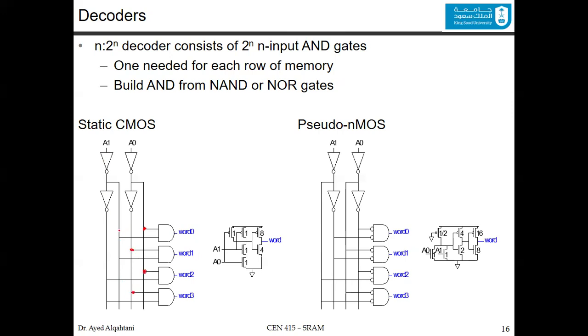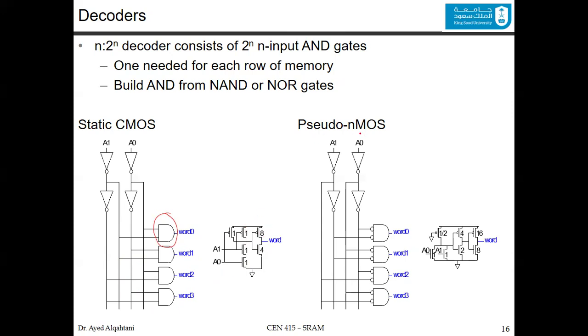And for A1, 2 times inverted, 2 times not. This way we get word 0, word 1, word 2, and word 3. Now the design of this AND is done this way. We have the NAND followed by the inverter, and the sizing as you can see.